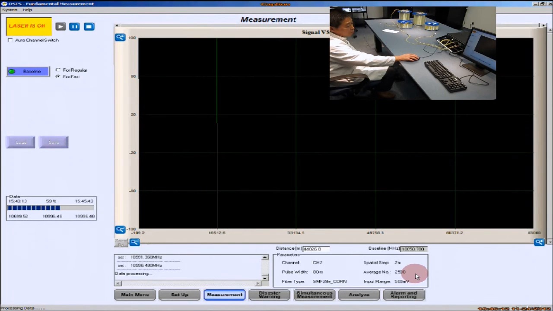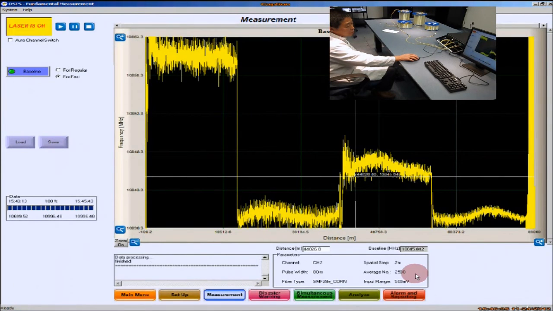About 56% of the way through the calculation. So 80% of the way through. Over 90% of the way through. And now it's saved.